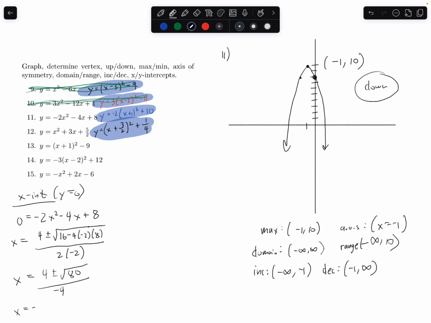So x is... oh, I'm sorry, not negative. Positive. X is 1.2361. Or if I do the plus, that's 4 plus the square root of 80 divided by -4. That's -3.2361. So what are the x-intercepts then? 1.2361, 0, or -3.2361, 0.